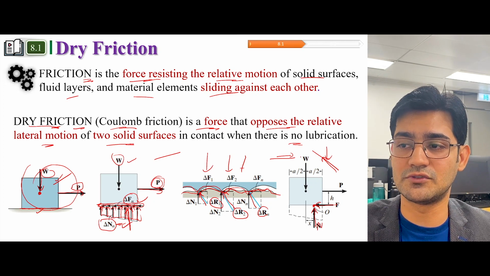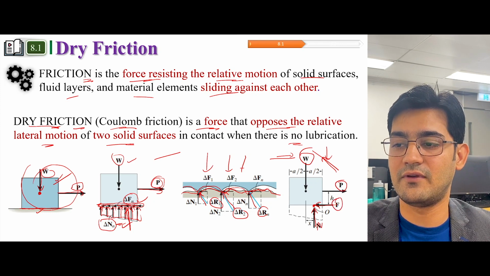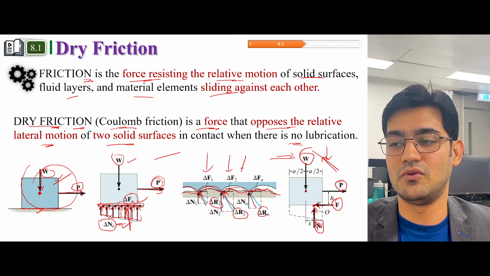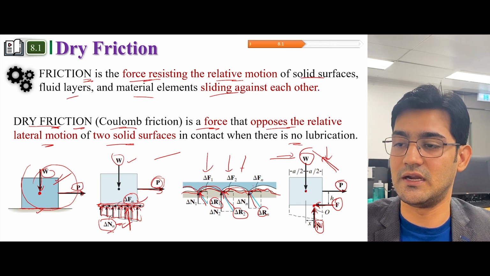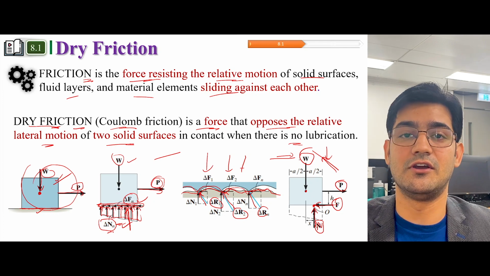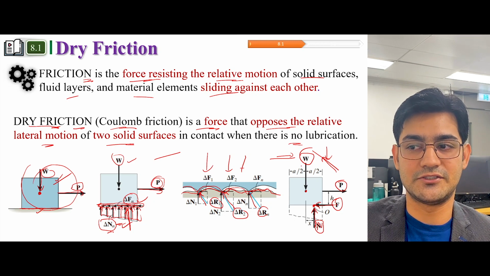So you have two action forces W and P, and you have two reaction forces F and N, and the weight is acting at the center of gravity, and the load is acting at the centroid of the area of all the distribution delta N. So that's how you determine the free body diagram of dry friction.